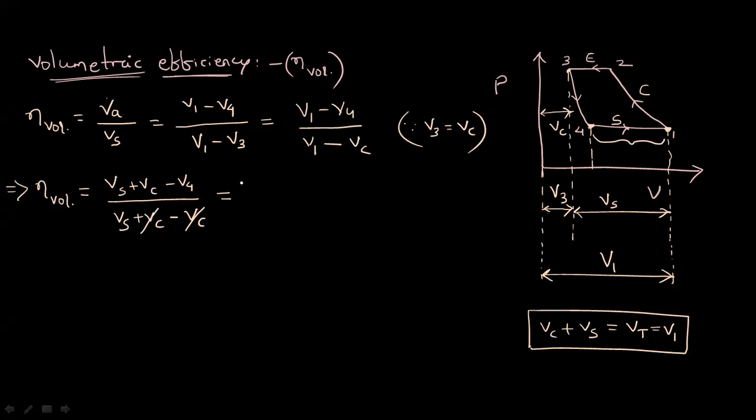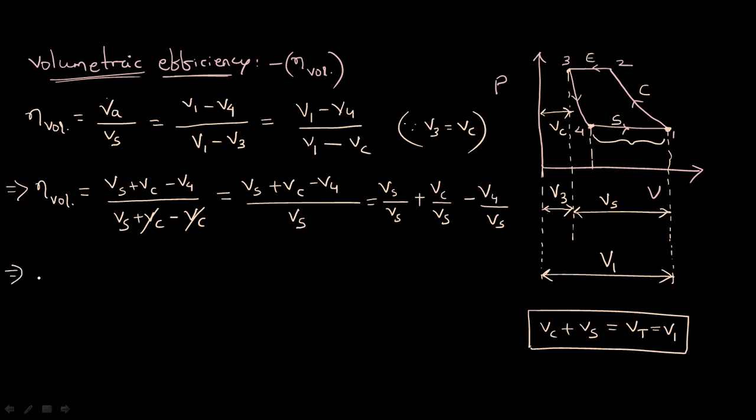Now what will I get? Vs plus Vc minus V4 whole divided by Vs. Now I am going to separate all these things. So it becomes Vs by Vs plus Vc by Vs minus V4 by Vs. I have separated the denominator.